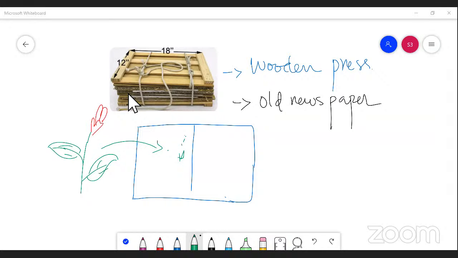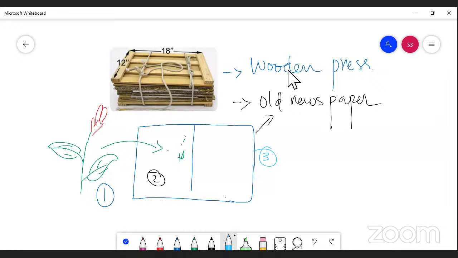Dear students, kindly cooperate. The first step is that plant materials are collected. The second step is that the plant materials are spread out on the newspaper. In the third step, the plant materials are covered by the old newspaper.